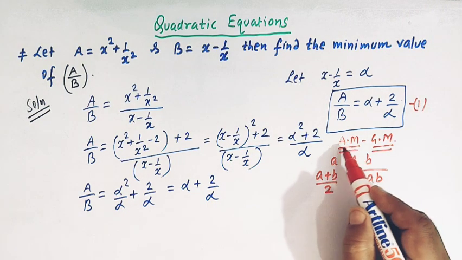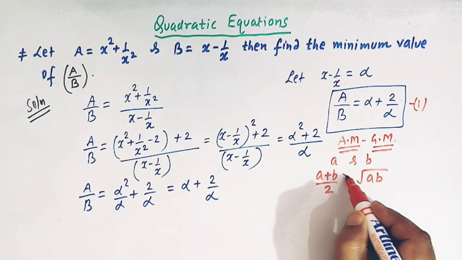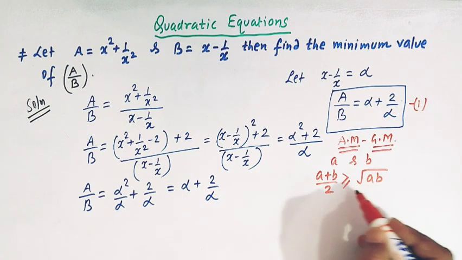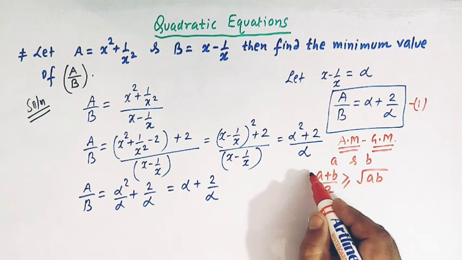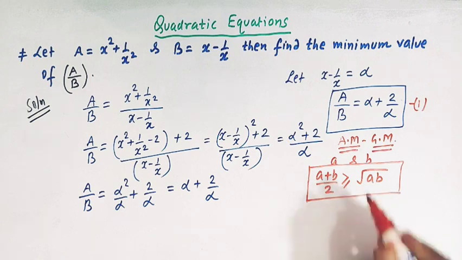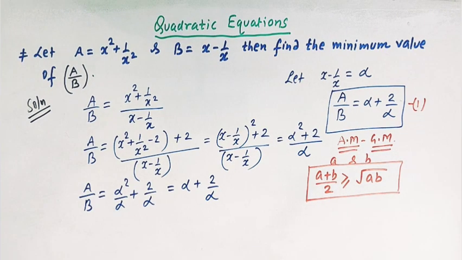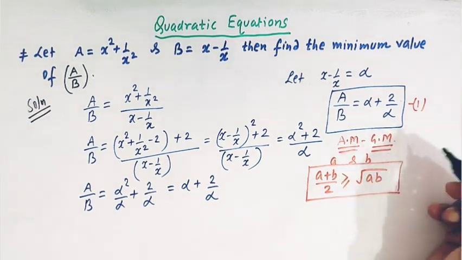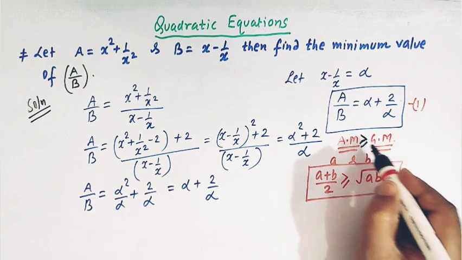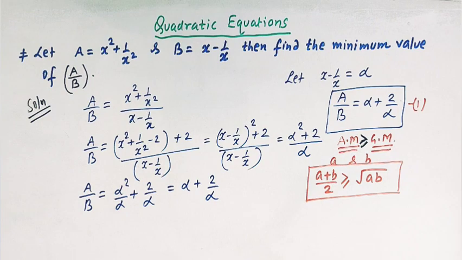The AM-GM inequality says that a plus b over 2 is greater than or equal to the square root of the product of a and b. So this inequality says that the arithmetic mean is greater than or equal to the geometric mean, right?